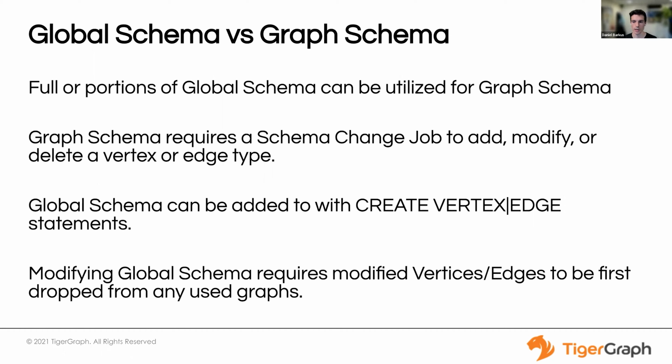Versus when you're within a graph itself and you want to modify the schema, for an element of the schema that only exists within the context of the graph, you can just edit that. It may cause you to have to unload some of the data. Say you're modifying a vertex, you may have to unload the data from that vertex if you're removing an attribute. But in other cases, you can modify that schema. Say you're adding an attribute, the data will remain in place.